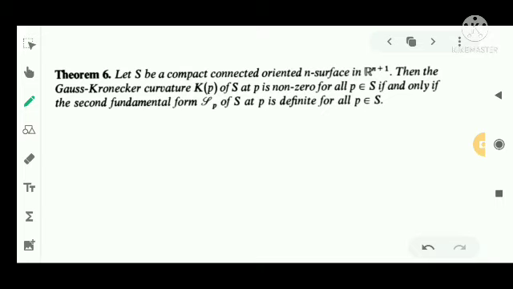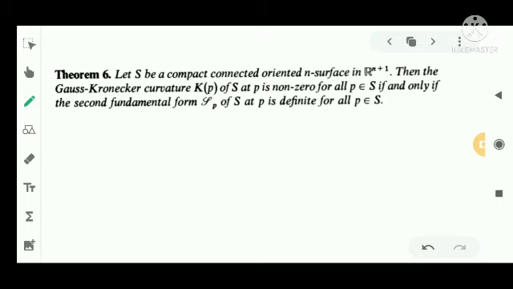Then the Gauss-Kronecker curvature K of P of S at P is non-zero for all P belongs to S if and only if the second fundamental form Sp of S at P is definite for every P belongs to S. That is, we have given a surface which is compact, oriented and connected.